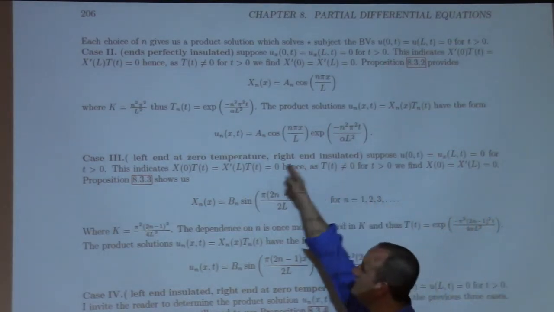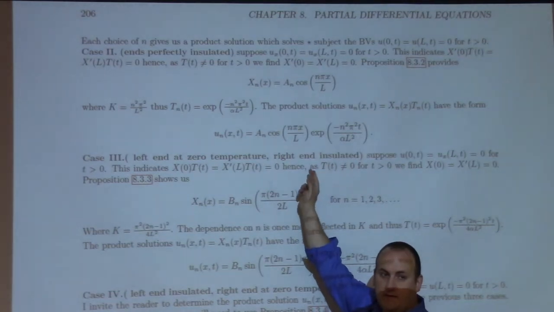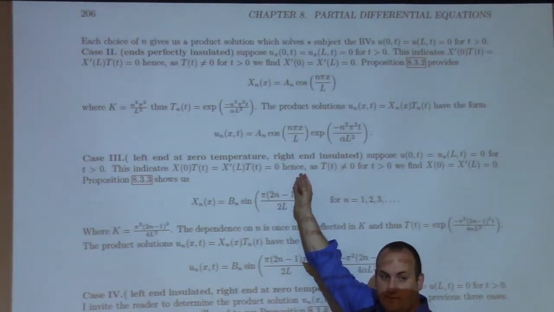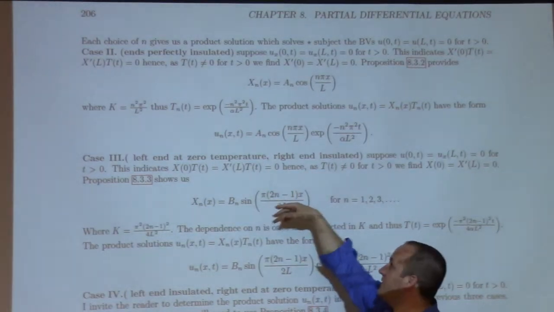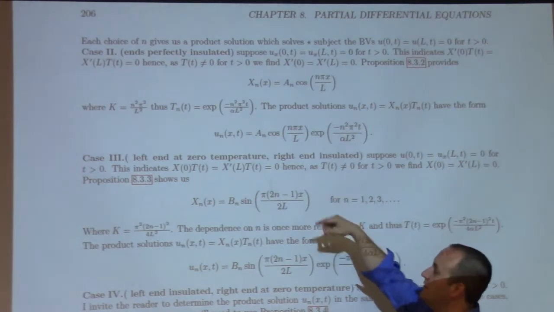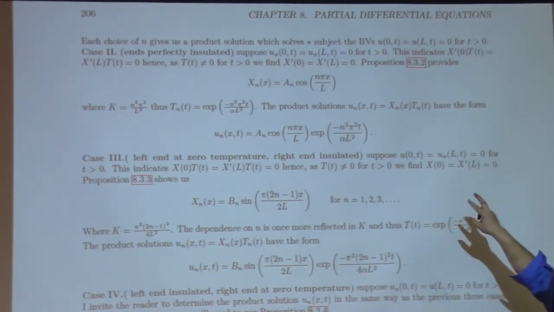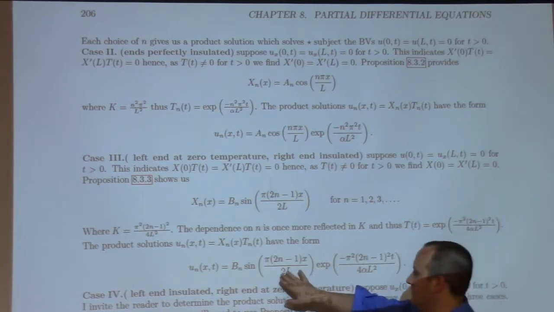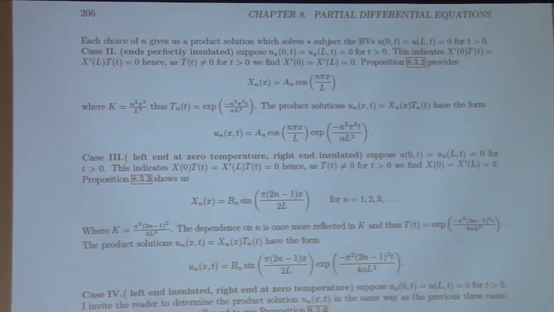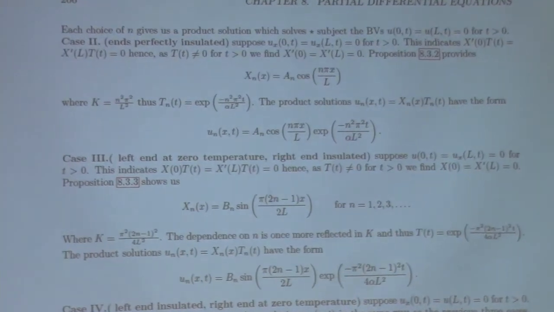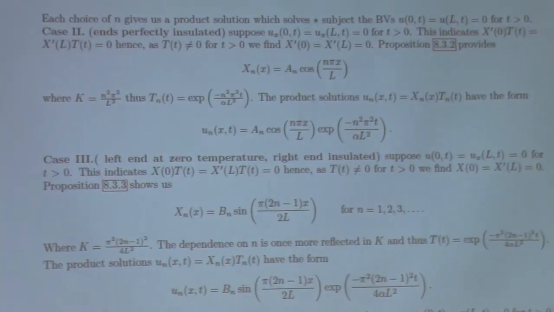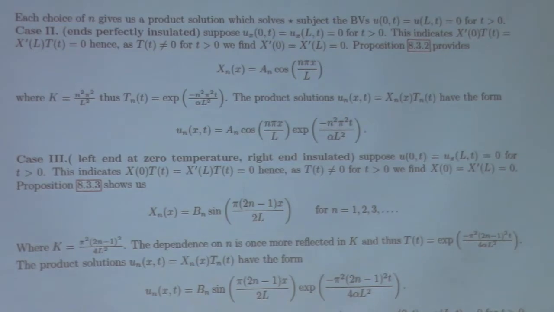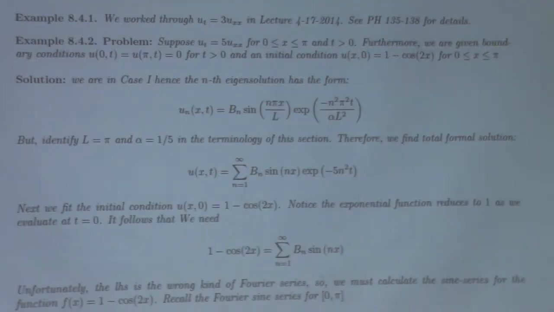Then we would have needed a Fourier cosine series to fit f of x because you have cosines. If you did the mixed endpoint, you would end up with this, and I guess you still need a sine series. It's been a little while since I worked some of these.